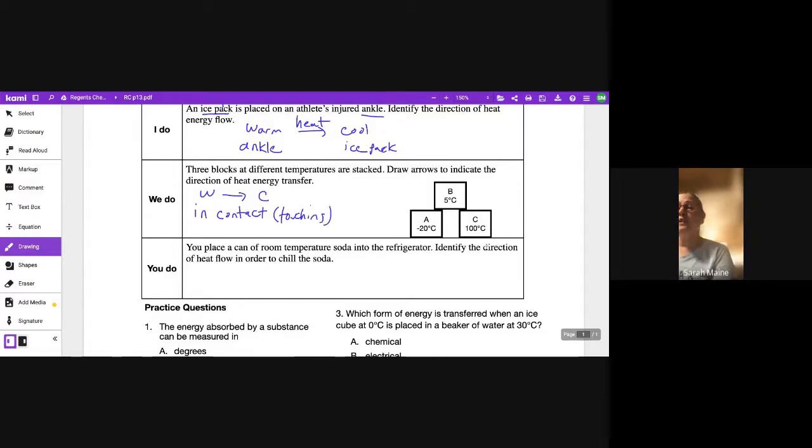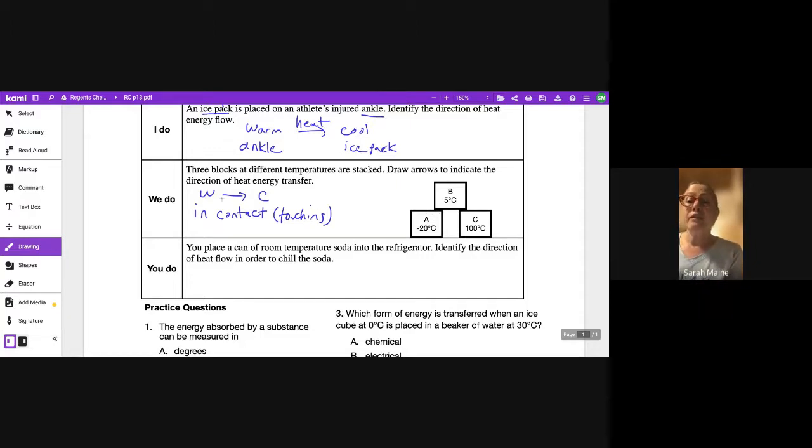So we have three different blocks, but if you take a look at how the drawing is made, not all three blocks actually are in contact or touching each other. So when I look at block A, it is actually only touching block B, but not block C. So there's a heat transfer between A and B because they are at two different temperatures.